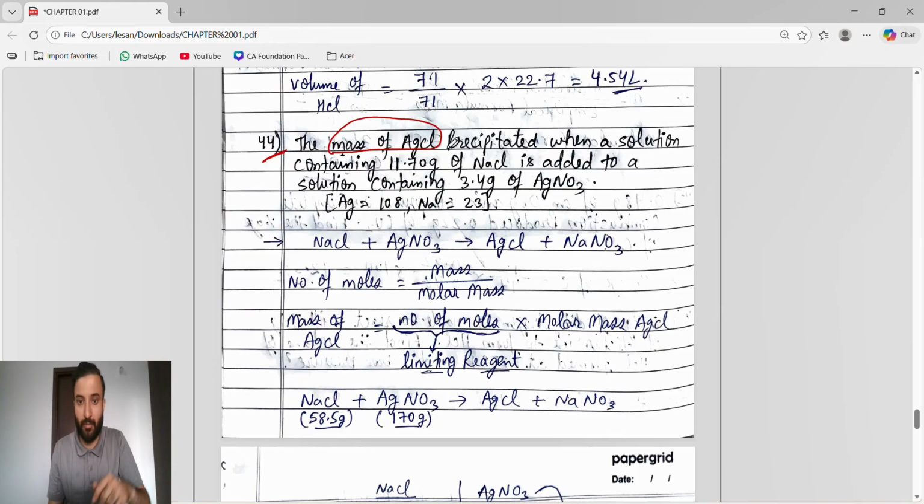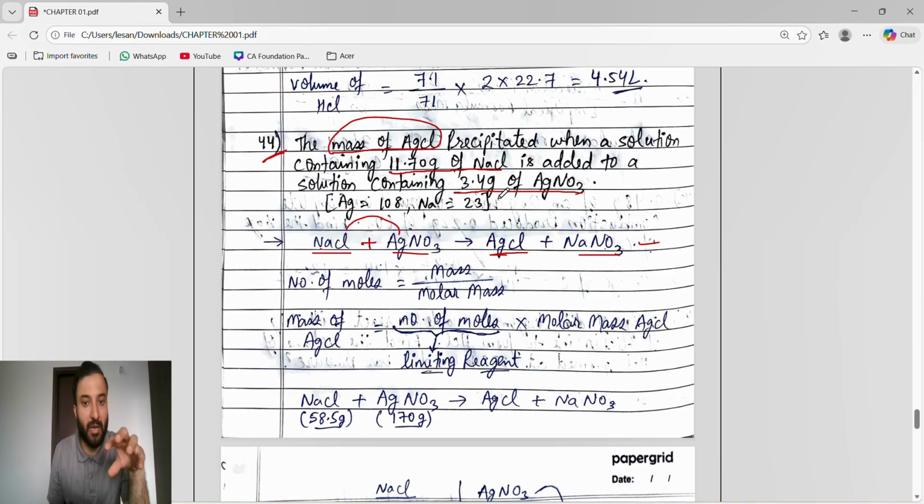When a solution containing 11.7 gram NaCl is added to a solution of 3.4 gram of AgNO3, what will we form? We know how to write the reaction. It will become AgCl plus NaNO3.